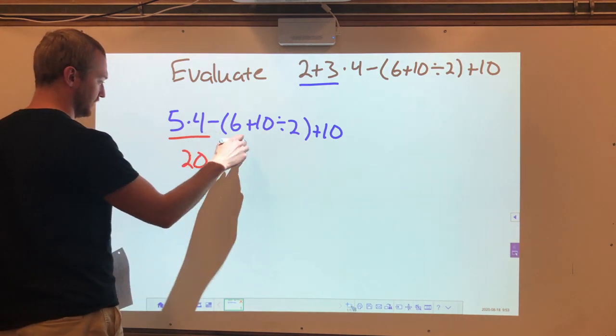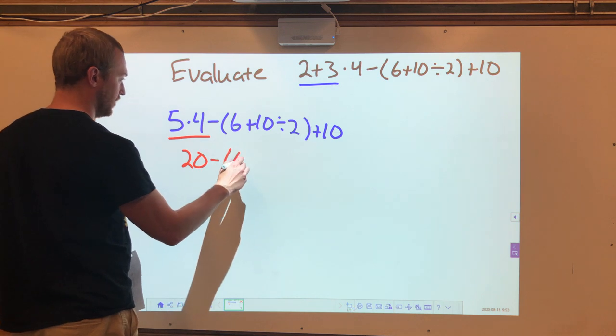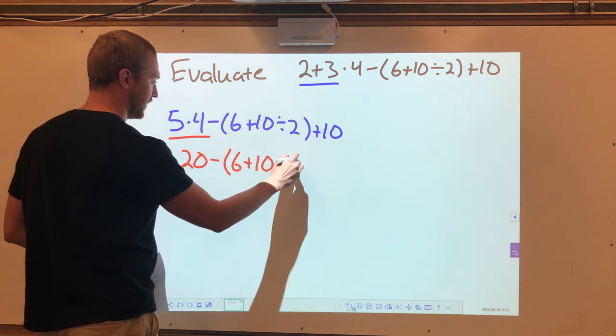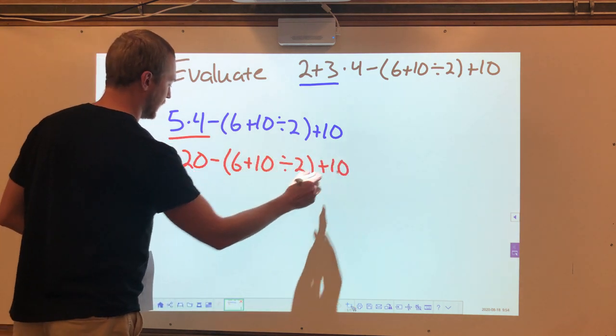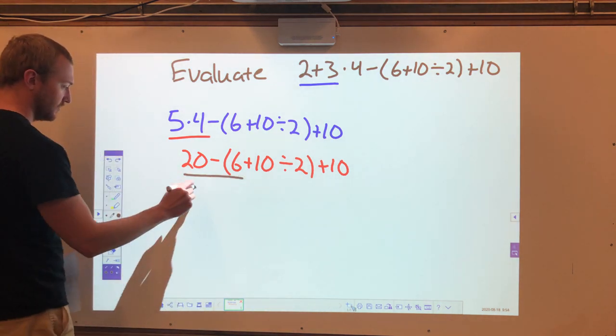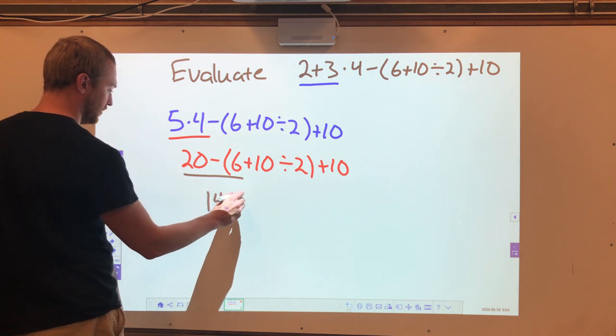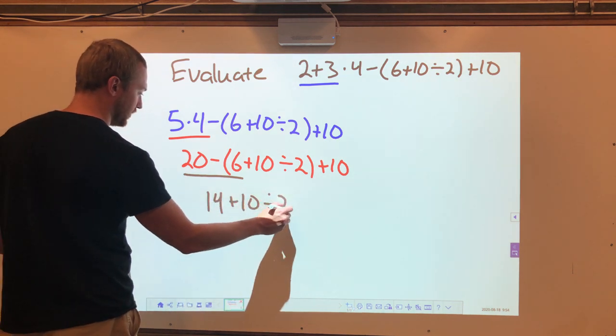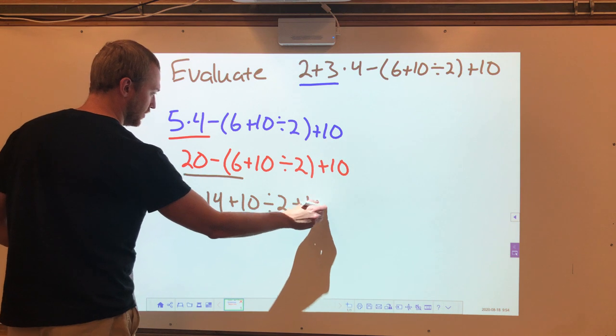So we have 20 minus, I'm just copying down the rest of my expression. Now we have 20 minus 6, which is 14, plus 10 divided by 2 plus 10.